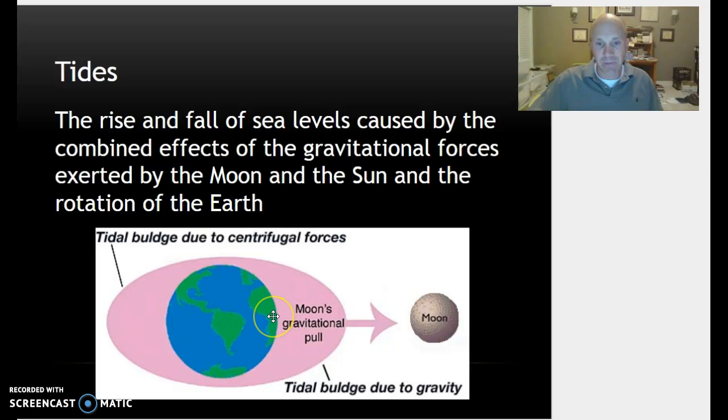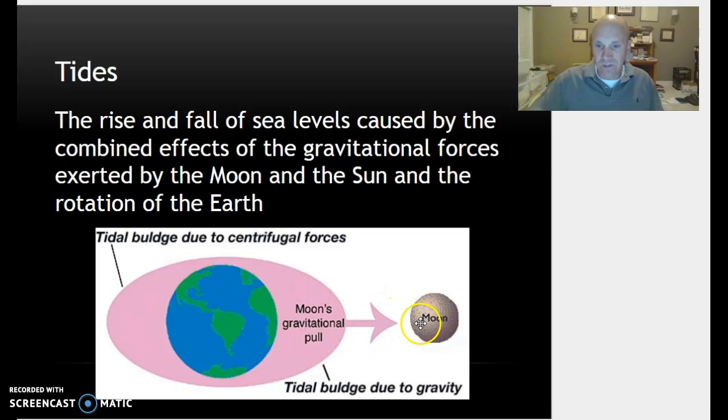The actual amount the water is pulled from the surface of the Earth is only about 10 to 20 feet, which compared to the size of the Earth is pretty small. You wouldn't even be able to see that difference from space.